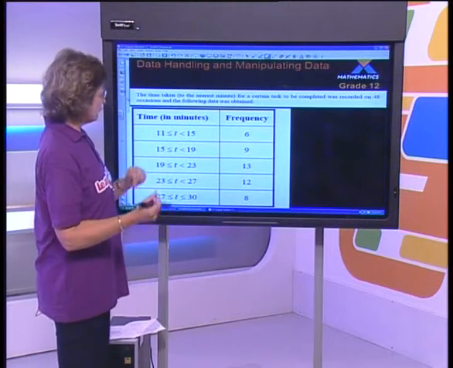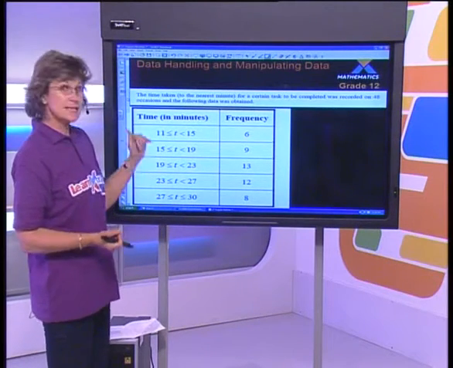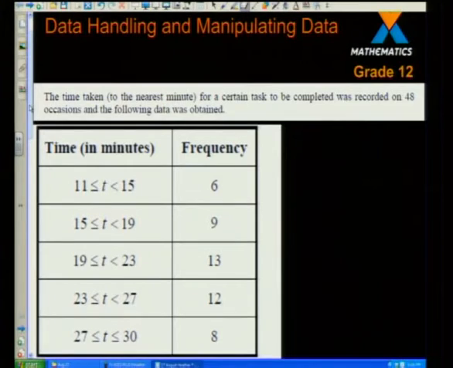Okay, so the first thing I need you to have a look at is that we've got intervals here. The first interval is between 11 and 15. So now notice that nobody took between 0 and 11 minutes, okay? 11 is the lowest time, 11 to 15. Notice 15 is not included in the first interval, but it is included in the second, okay?